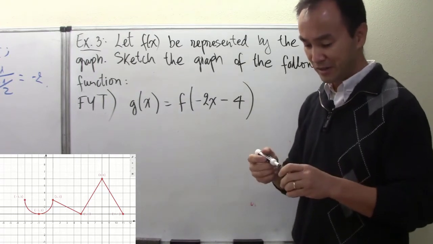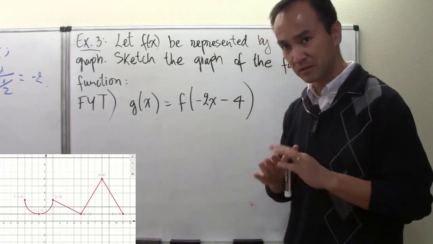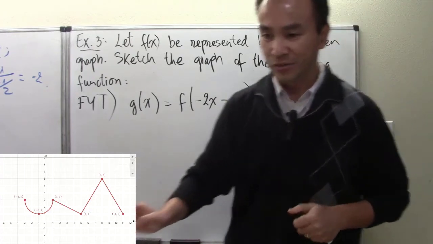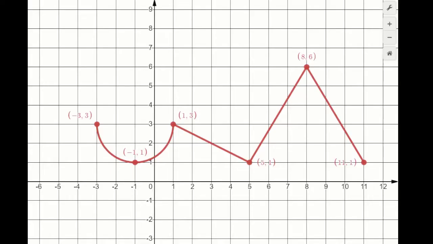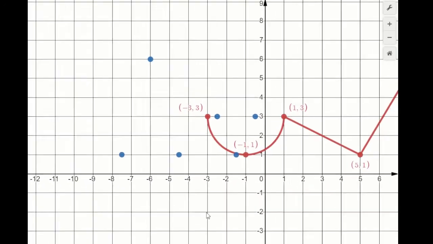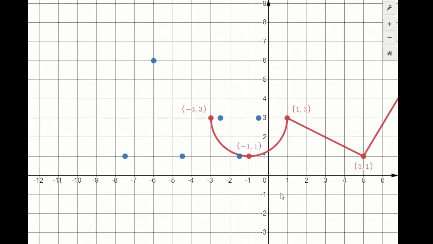All right, so now assuming you have already spent some time pausing the video to work on it, here's the graph. In complete full screen view, again, this is the graph of our parent function f of x. Now these are the guiding points for our graph in g of x.